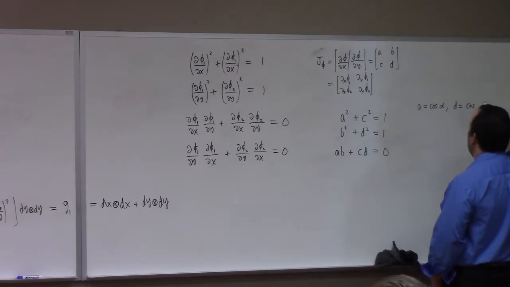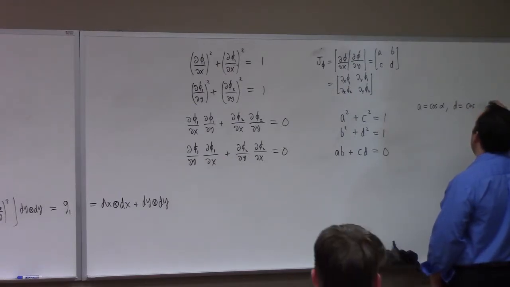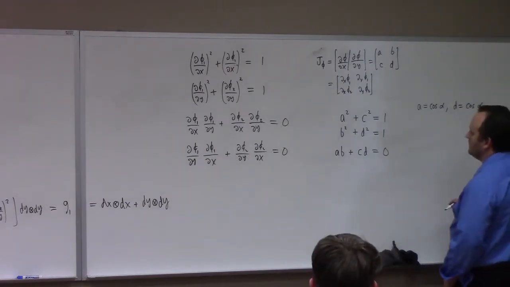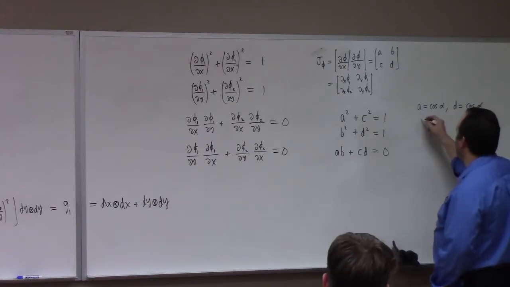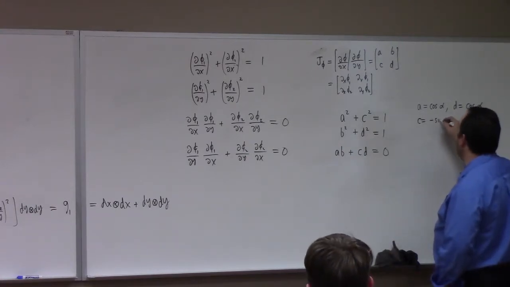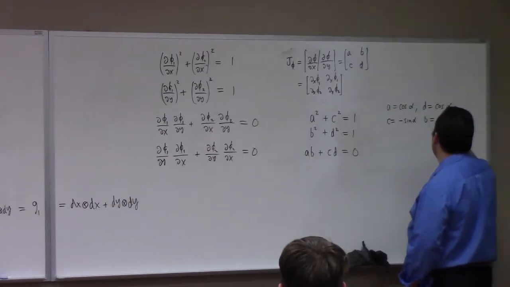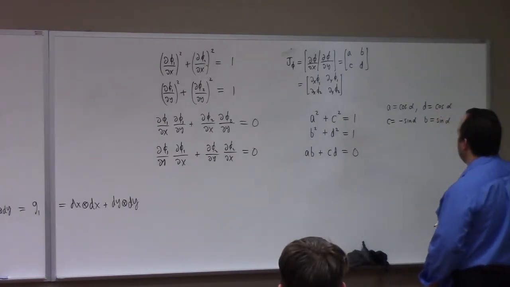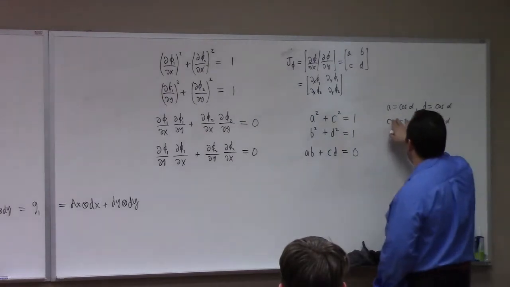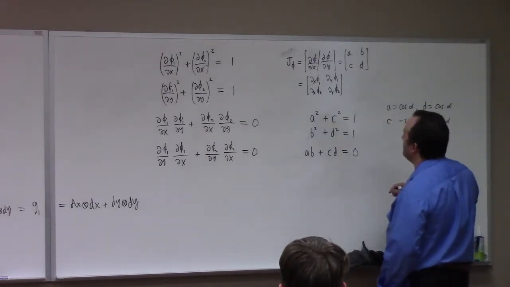We'll probably end up eliminating one of those. Well, what if D was cosine alpha? And what if C was equal to minus sine alpha? And what if B was equal to sine alpha? Would that work?